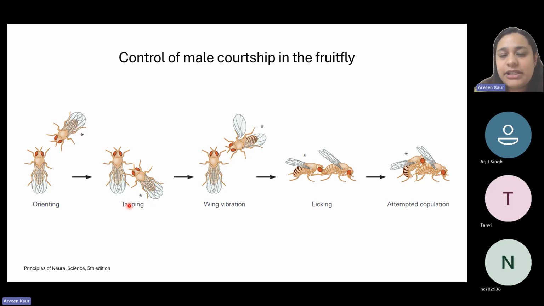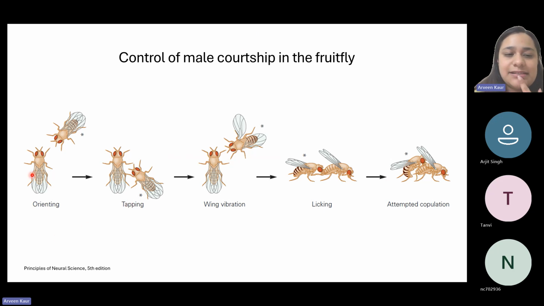Now, what does this male do? The male is the inferior species over here in Drosophila, and it has to convince the female to let it mate with the female, right?